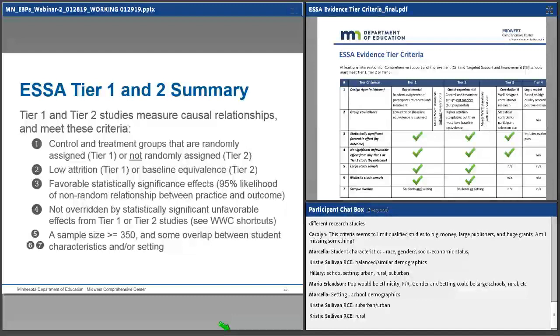That is not deemed rigorous enough to override the positive effects that you find otherwise. So Tier 1 and Tier 2 are important qualifiers for criterion 4. And finally, criteria 5, 6, and 7 are all about having a sample size at least of 350 students and there being at least some overlap between the student characteristics and the setting.